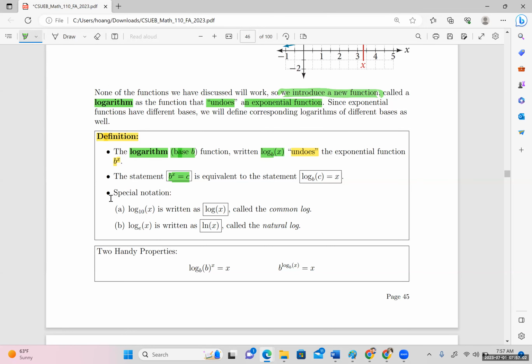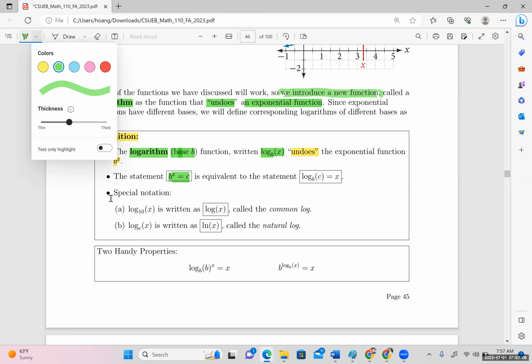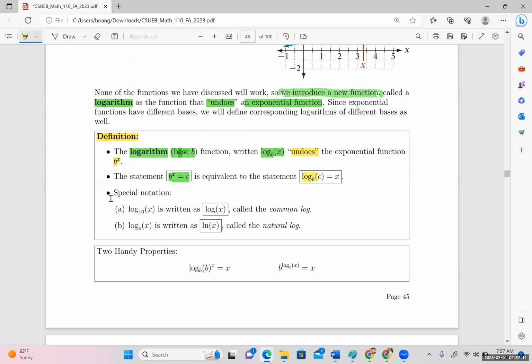b raised to x equal to c is the same as log base b of c equal to x.